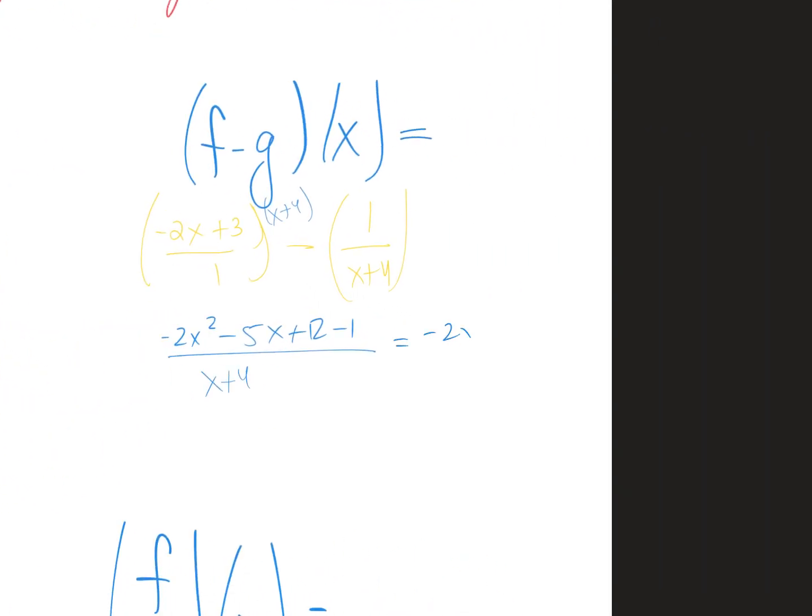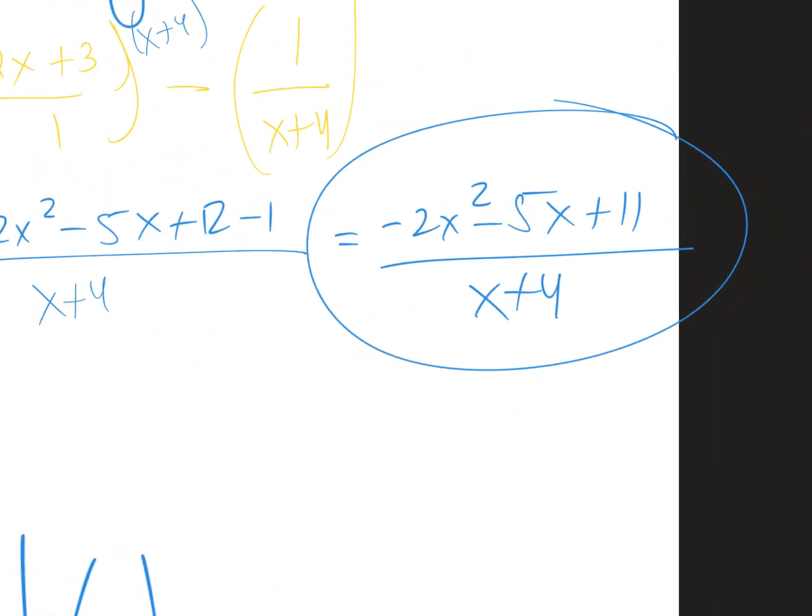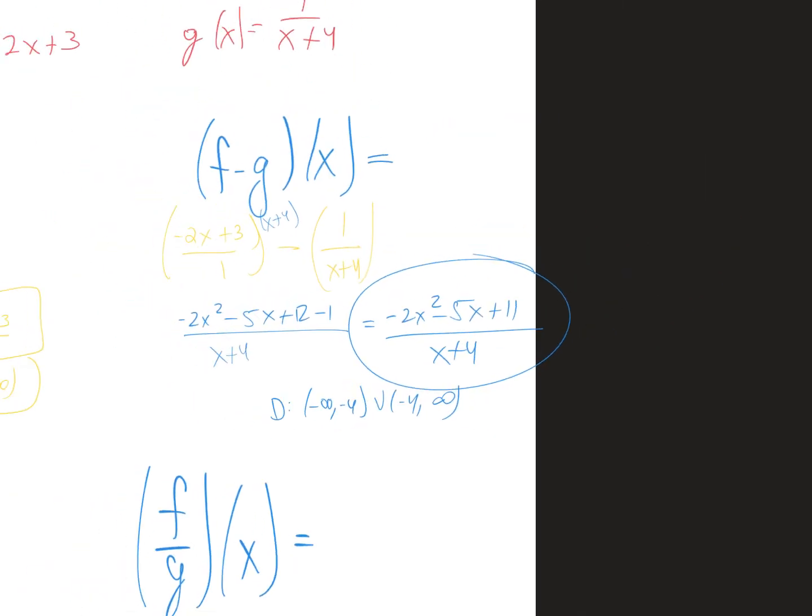Negative 2x squared minus 5x plus 11 over x plus 4. Okay? Does my domain change? No. I still have the same domain. I can use anything except for 4, right? Okay, good.